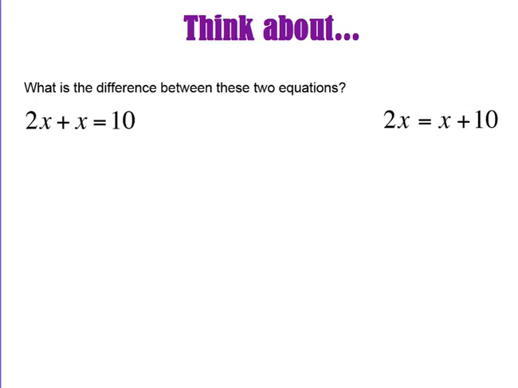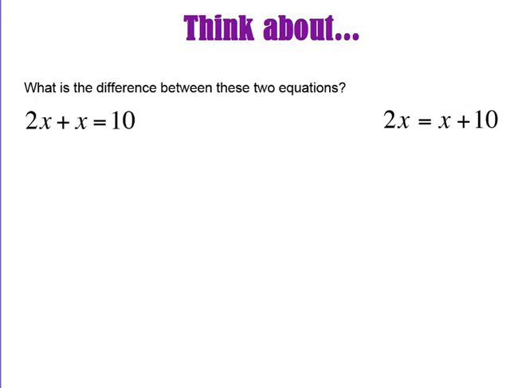The first part of these notes is to think about the difference between the two equations that are shown. On the left side, you have 2x plus x is equal to 10. And on the right side, you have 2x is equal to x plus 10. Please take a moment to look at both equations.